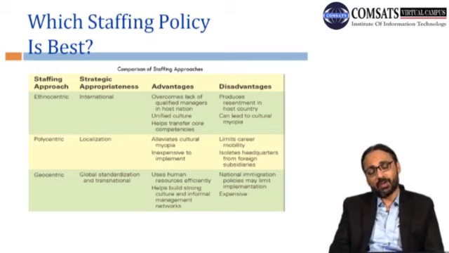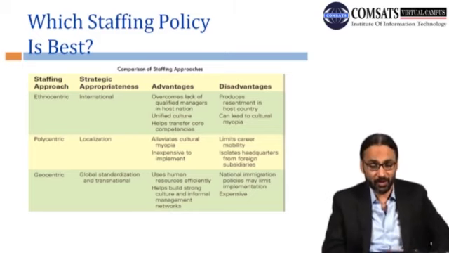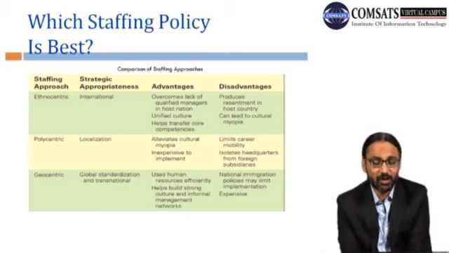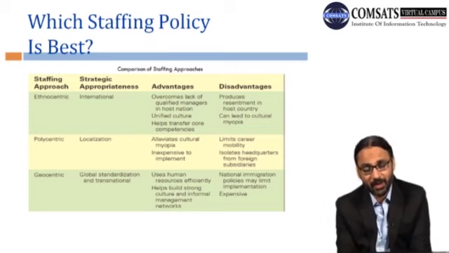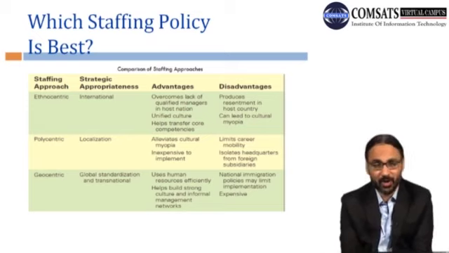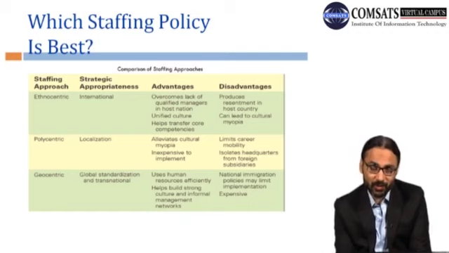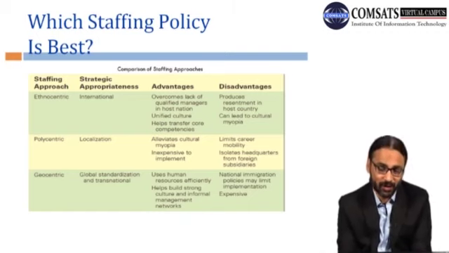Geocentric: the right approach is global standardization and transnational. When the firm is operating across the globe and trying to follow standardization of products, it uses human resources efficiently, bringing the people who are most suitable for the position. Human resources are handled more efficiently. This is the first advantage.